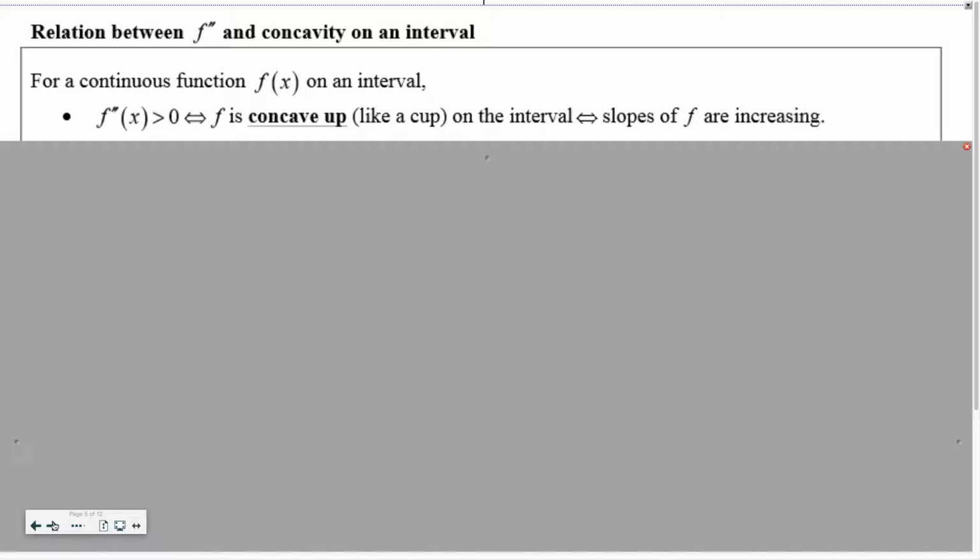If we have a second derivative that's positive, that means our first derivative is increasing, which means our function is concave up. I would write all of that down because we are going to put that all together numerous times. Concave up means slopes are increasing, which means our second derivative is positive.